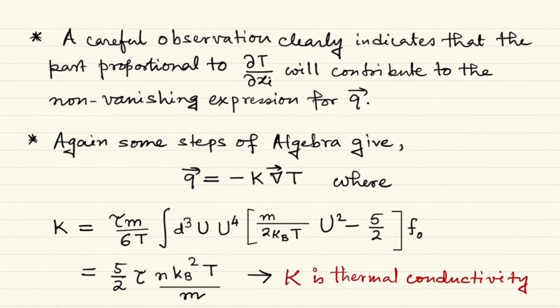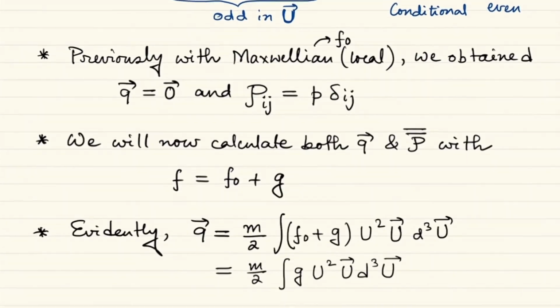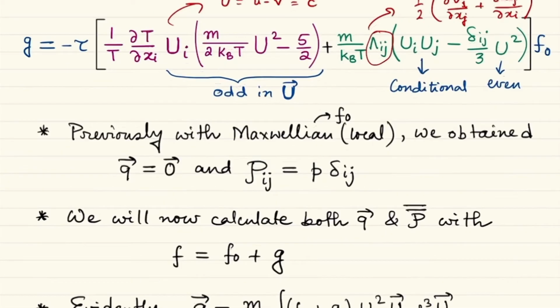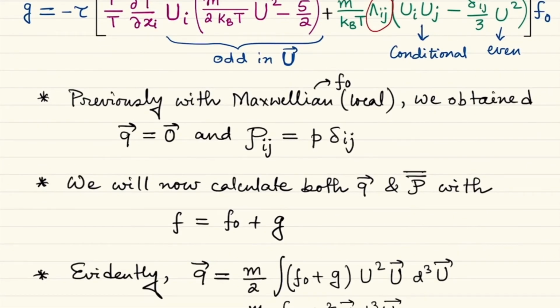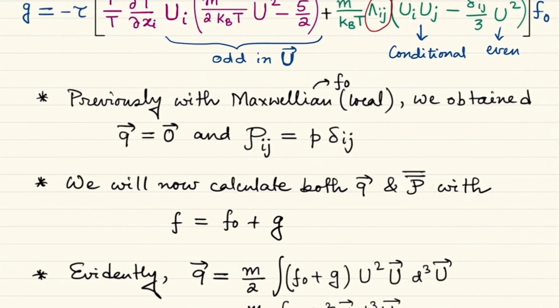And if you say that Q is equal to some constant, of course I am writing minus for the conventional purpose, minus K times gradient of temperature, then one can simply calculate just by comparing this one and this one, and by replacing G by this part of G. Of course, there should be F0.